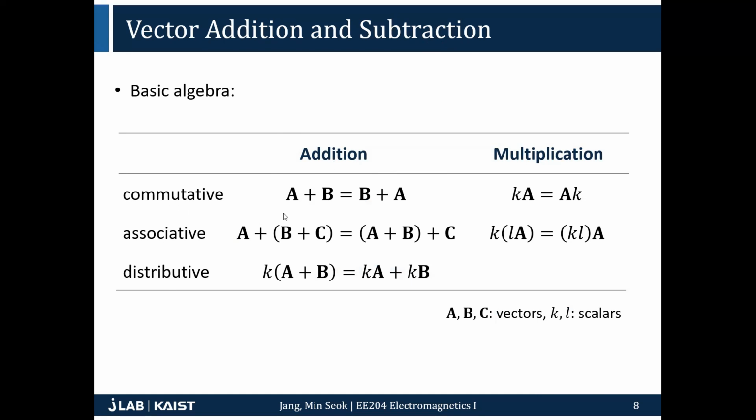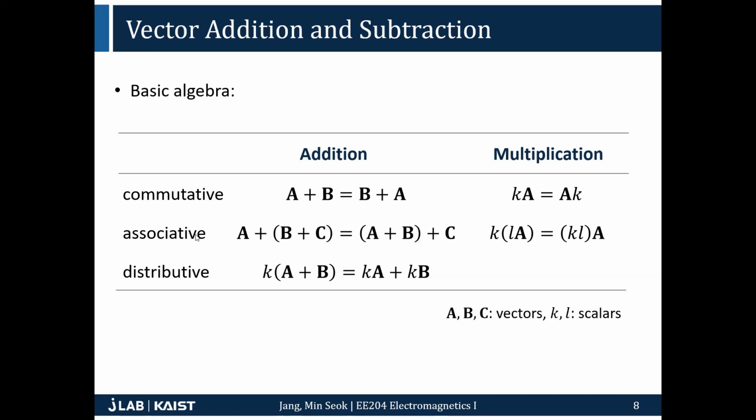These are the properties. Commutative means A plus B is equal to B plus A, which sounds trivial, but it's not trivial for some operations. But here it's the case. Associative means it doesn't matter which operation you do first. Let's say you have A plus B plus C. It doesn't matter whether you do B plus C first or A plus B first, it wouldn't affect the result.